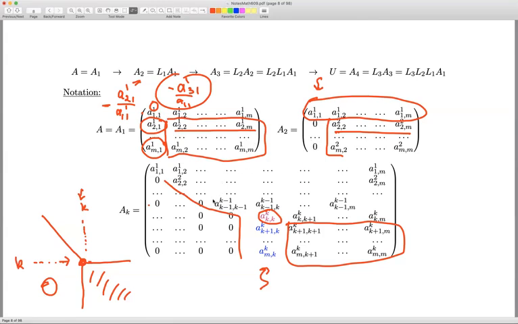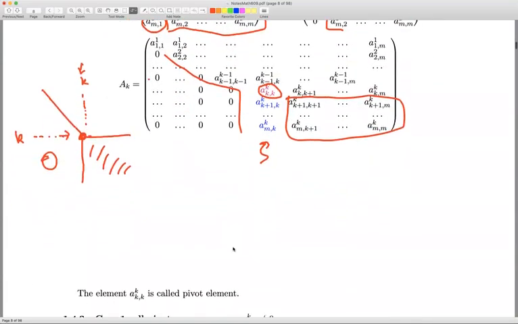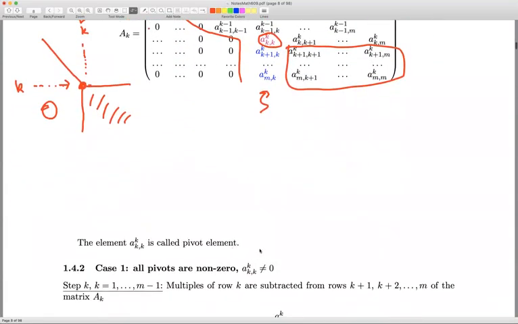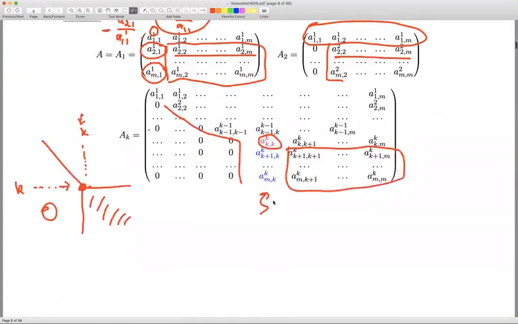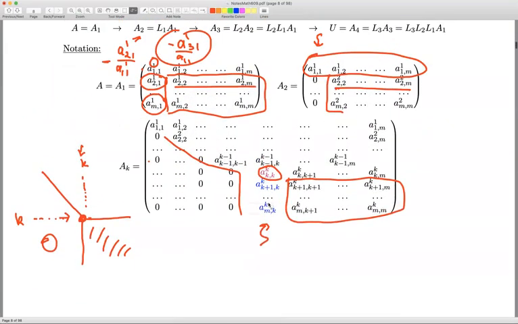And in general, if we look at the kth step, then what is happening at the kth step? In order to continue with these steps, we see that for the first step, the element A11 has to be different from 0. Then we arrive from the matrix A1 to the matrix A2.